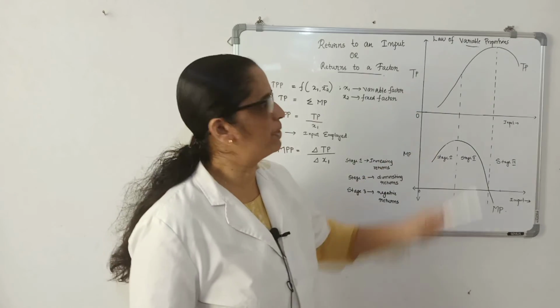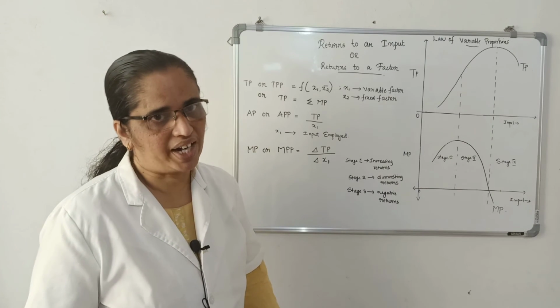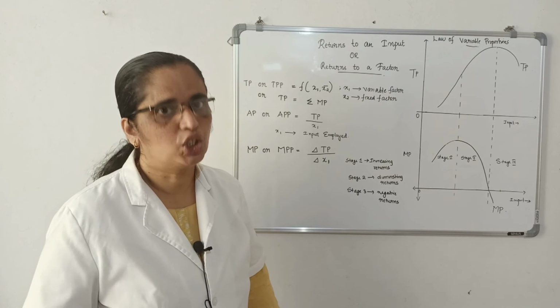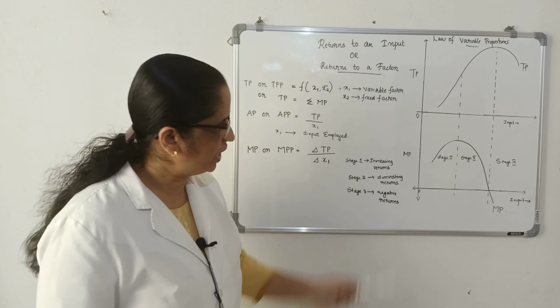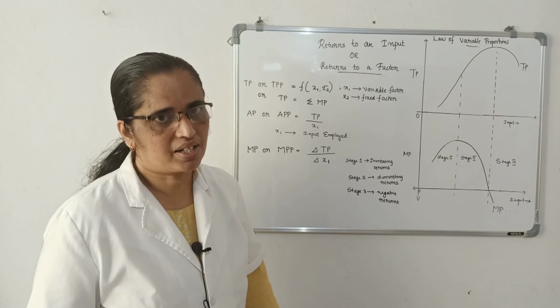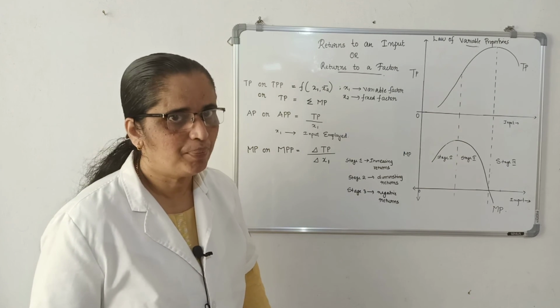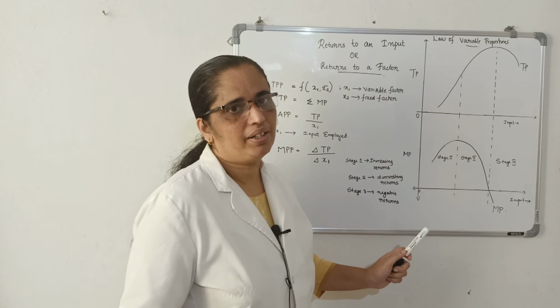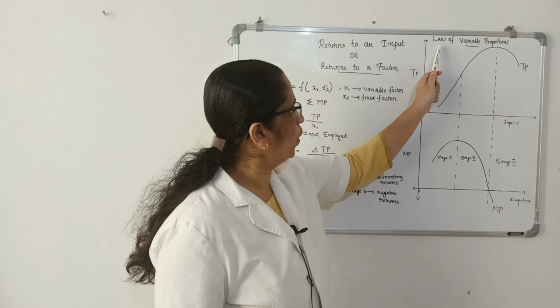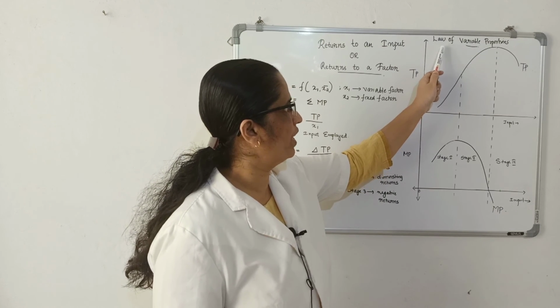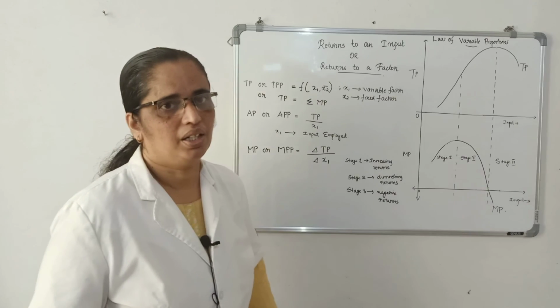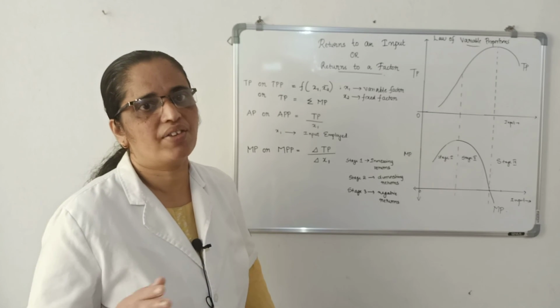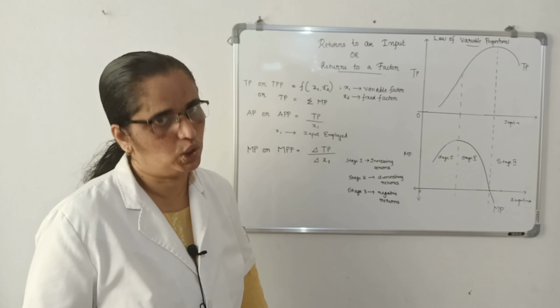The proportions between fixed and variable factors have been changing, right? And we are observing the trends in outputs. Okay? So that is why the law is known as the law of variable proportions. The proportions between fixed and variable factors have been changing.